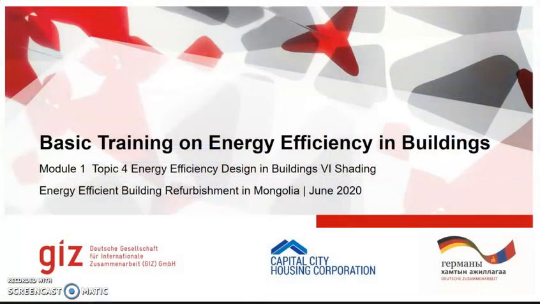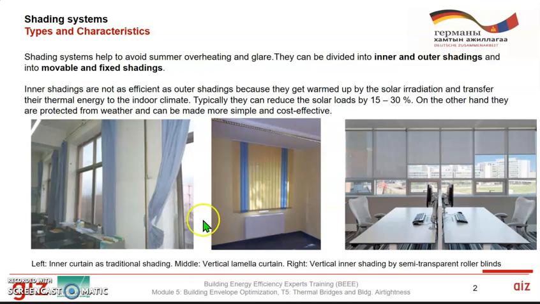So let's start with the first slide, and we will talk about types of shading systems. So we have the inner curtain, which is I think the oldest one. Then we have the vertical curtains, and then we have some inner shadings also here.